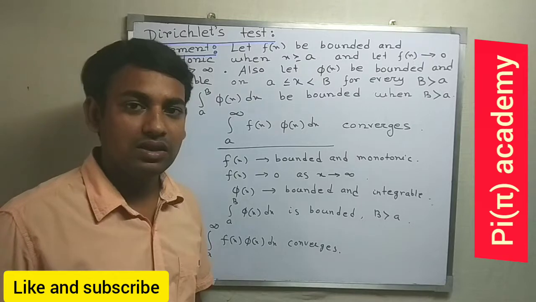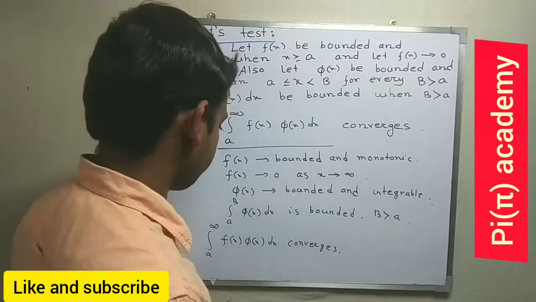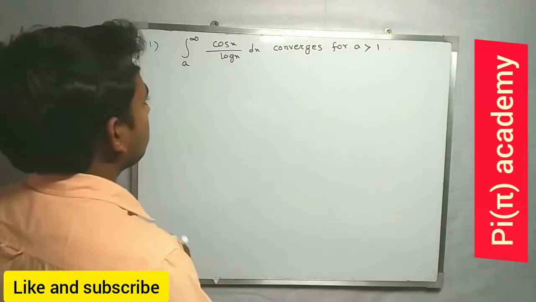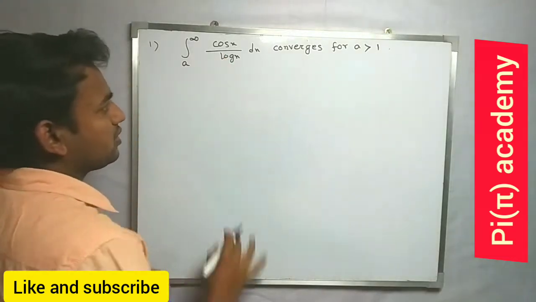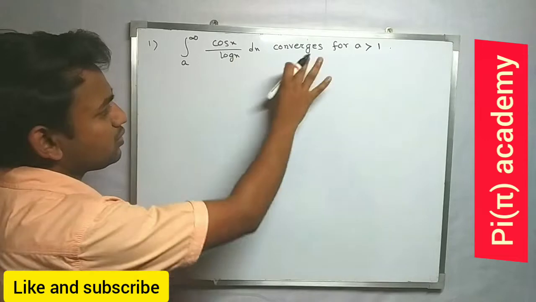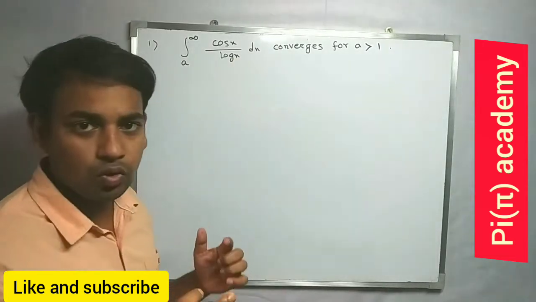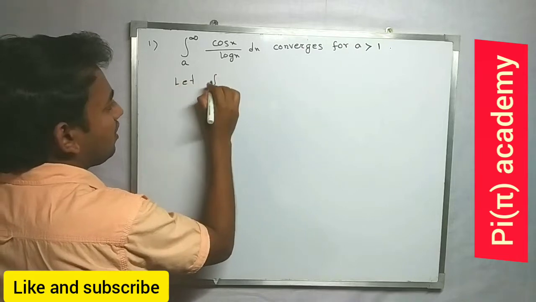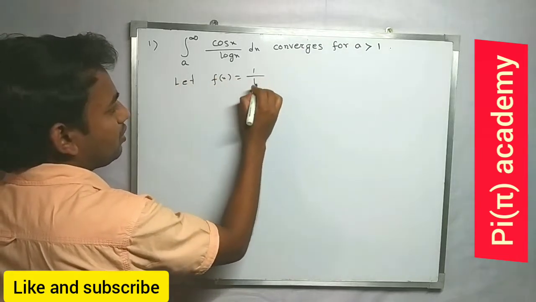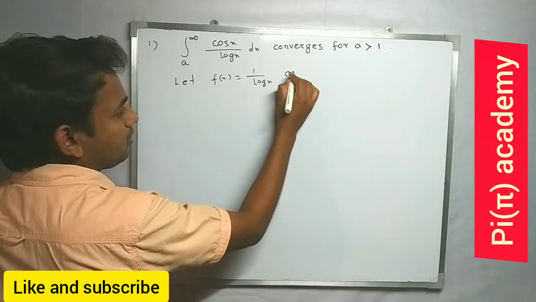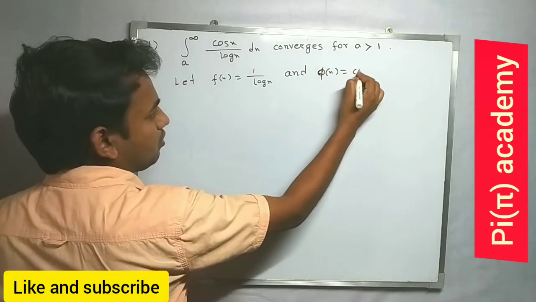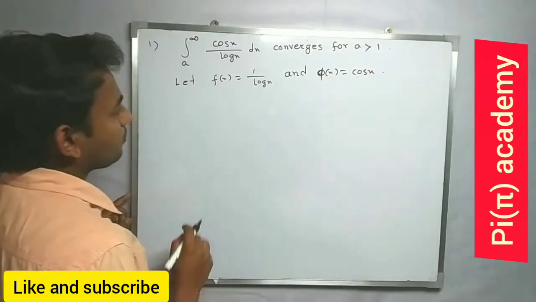Now I discuss some examples. Now I show by the Dirichlet test that this integral is convergent for a greater than 1. To show this, let f(x) equal 1 by log x and phi(x) equal cos x.